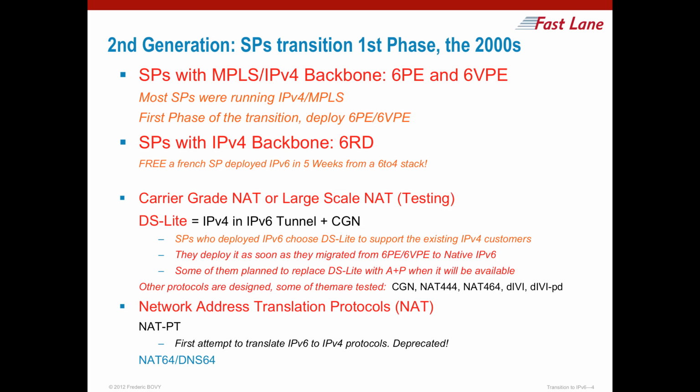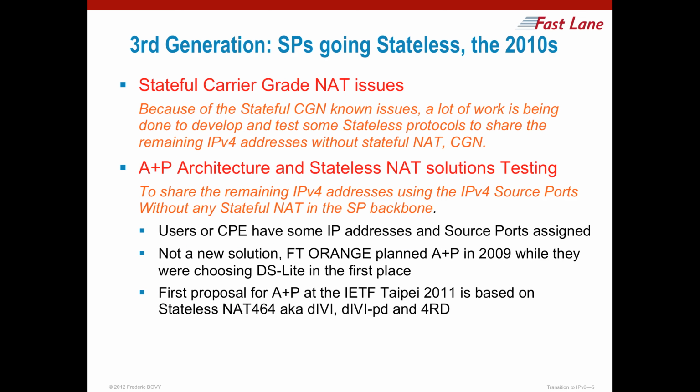And also at the same time we have seen protocols to translate between IPv4 and IPv6, with the first tool which was NAT-PT, which is now deprecated because it was doing too many things, as we are going to see later.